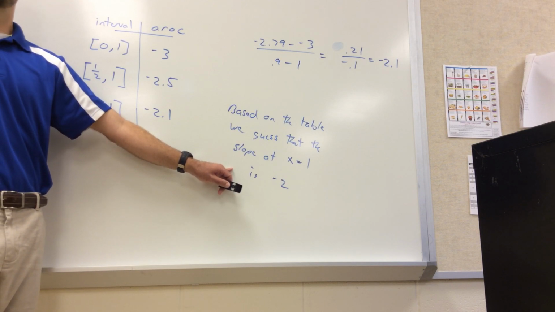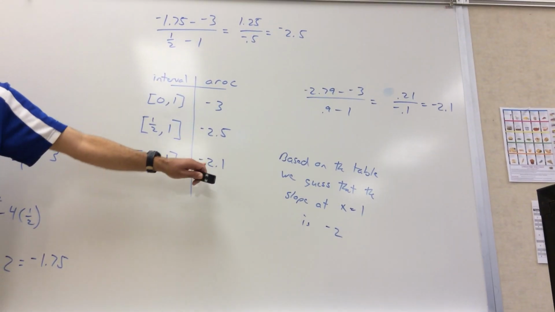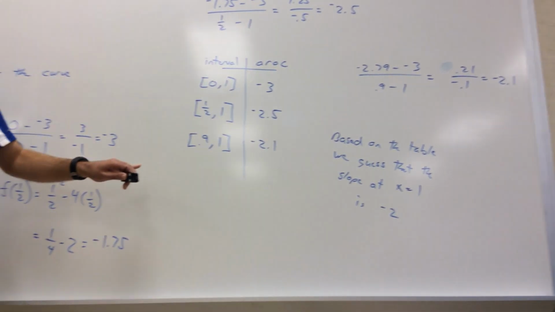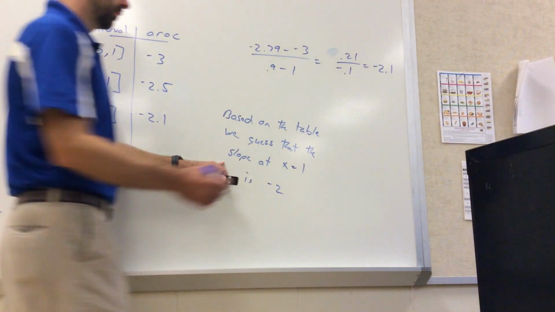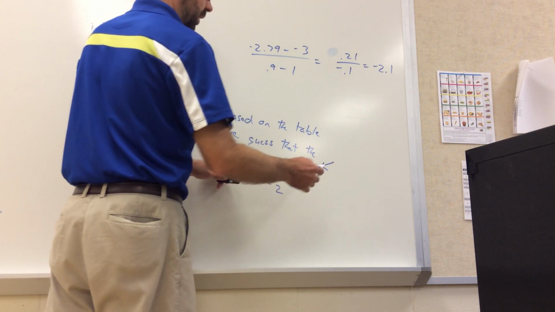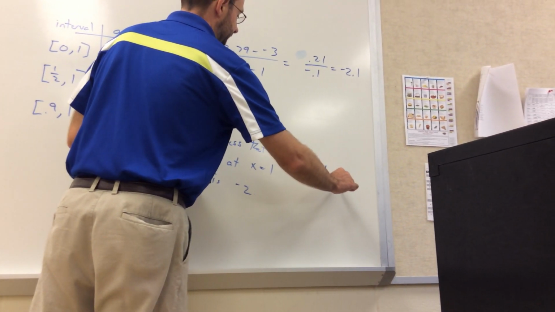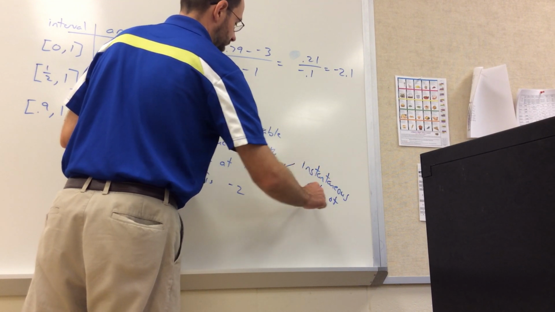And just to throw some terminology in there, these were all called average rate of changes, right? Because they were the slope of secant lines. This is called an instantaneous rate of change. So that's called an instantaneous rate of change, rather than an average rate of change.